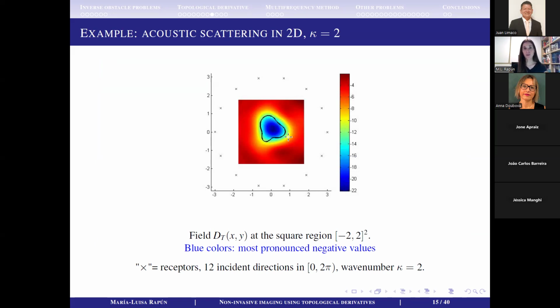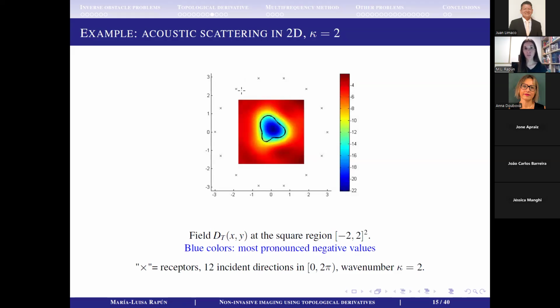In this example, my objective was to identify this object, whose boundary is given here by this black line. So it's a kind of potato. What we did was to excite the medium from 12 different incident directions and measure the total wave at all these observation points.